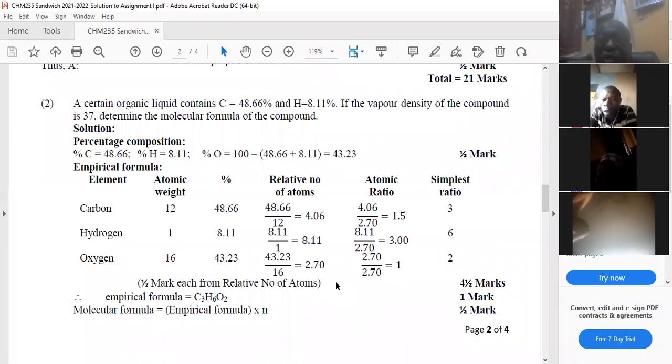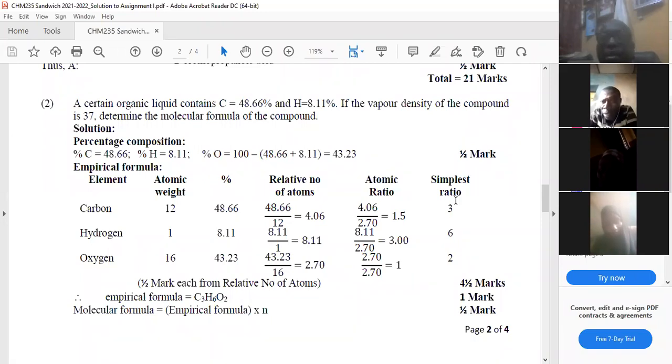After the column for atomic ratio, the next column, do you look at it? Simplest ratio. I look at it, but what I mean is that 1.5, do you multiply it, or how do you get it to make it 3? That is where I'm confused. Were you in the first class we had, or did you listen to the first video I shared with you, the first lecture?